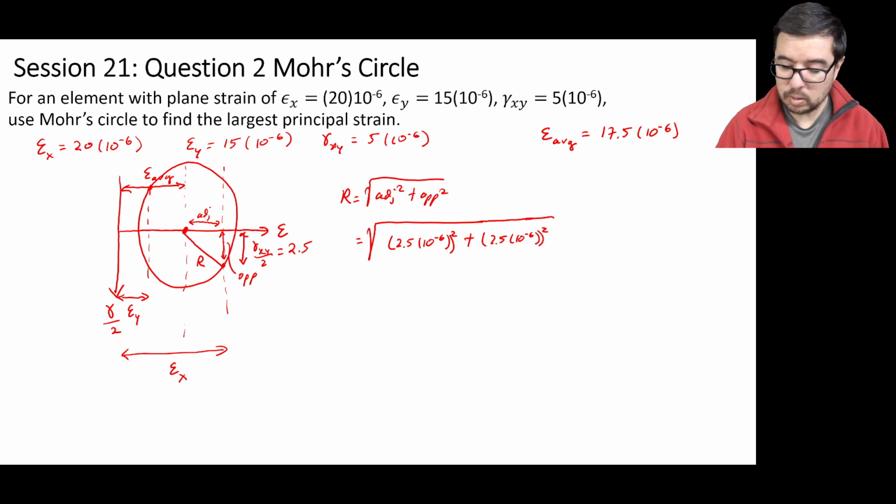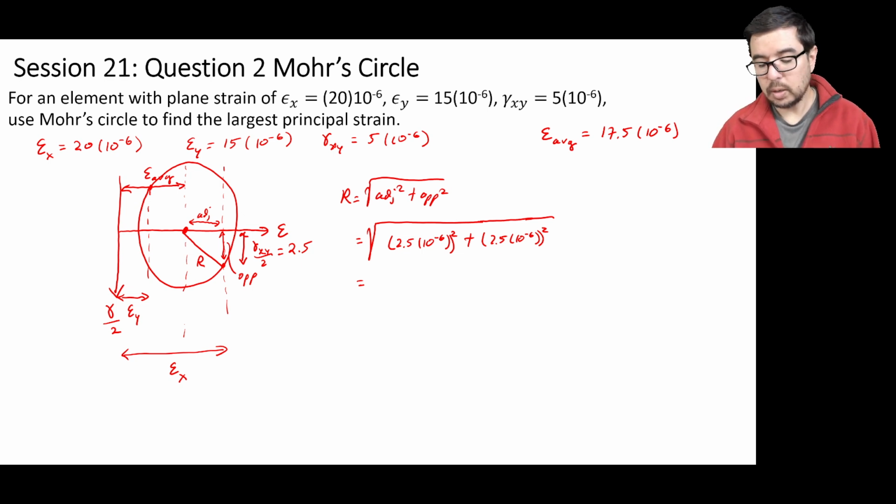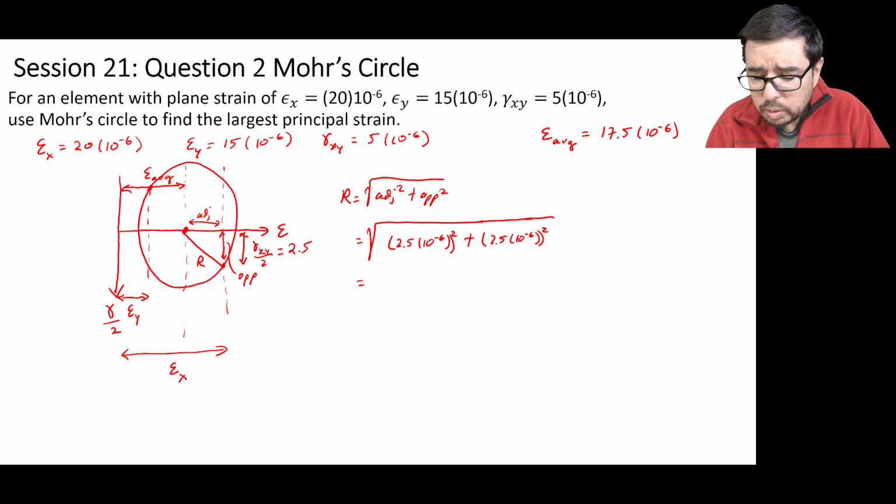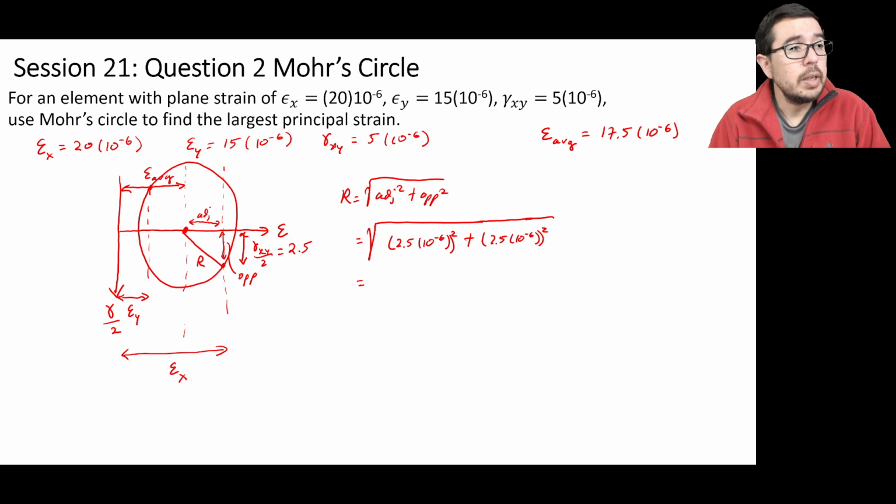If we do this out, what we would see essentially is the square root of 2 times this original quantity, the original quantity being 2.5. So 2.5 times the square root of 2.